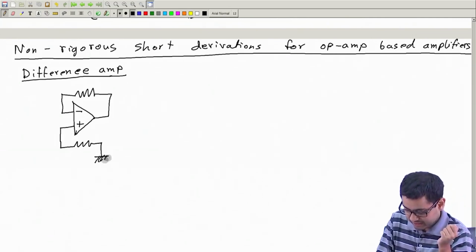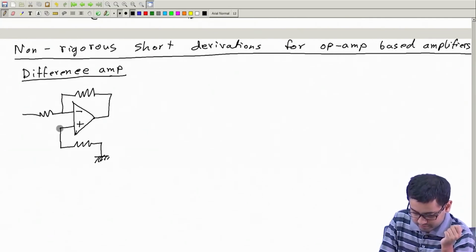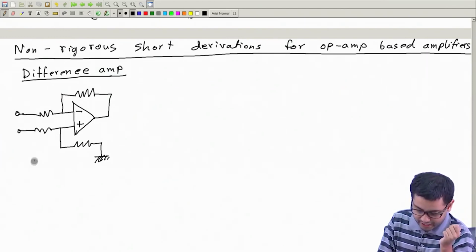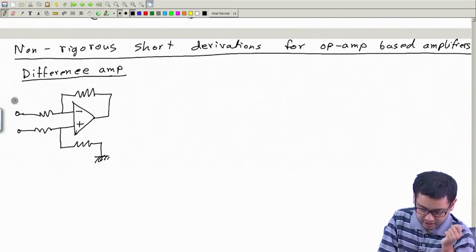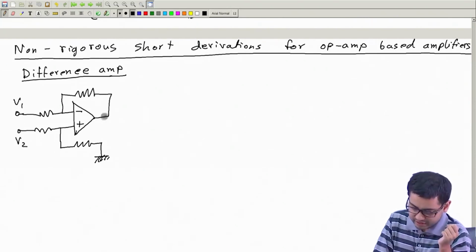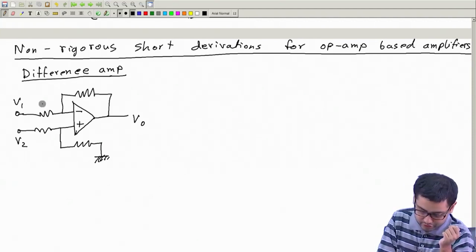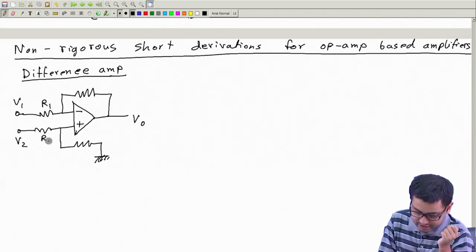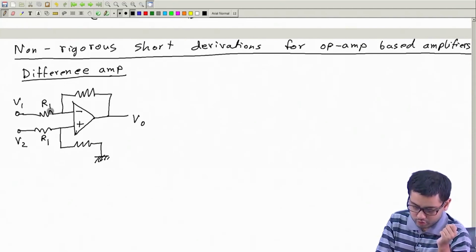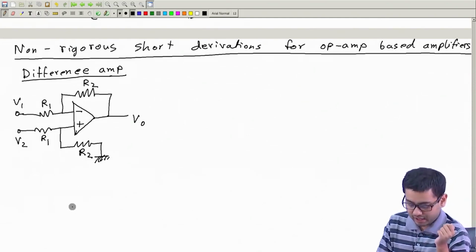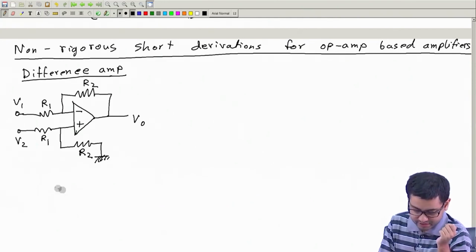These are the two inputs, and they are at potentials V1 and V2. This is the output VO. An ideal difference amplifier should have these two resistances of the same value and these two resistances of the same value. This is an ideal difference amplifier.